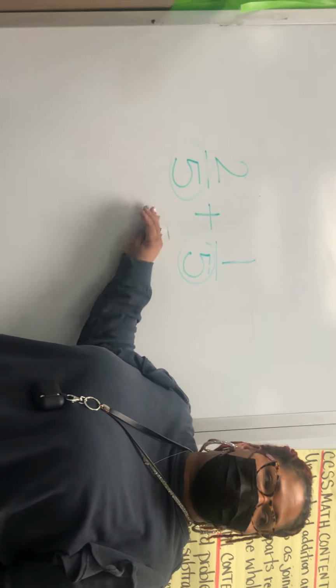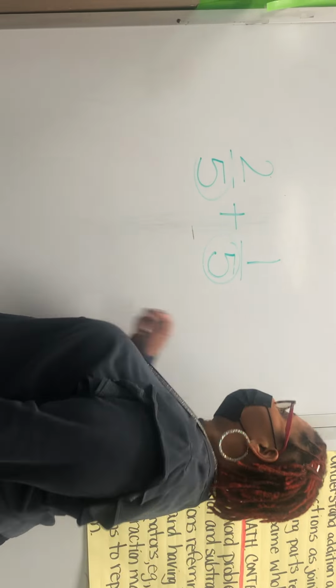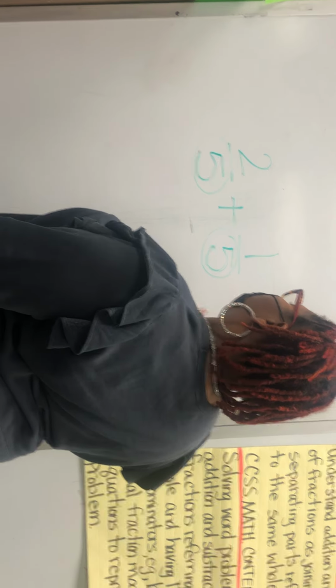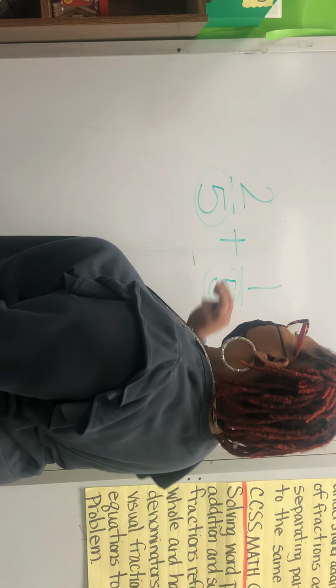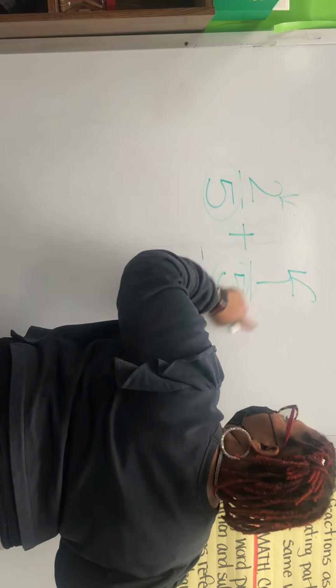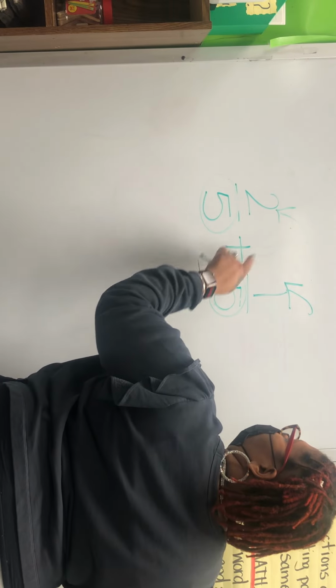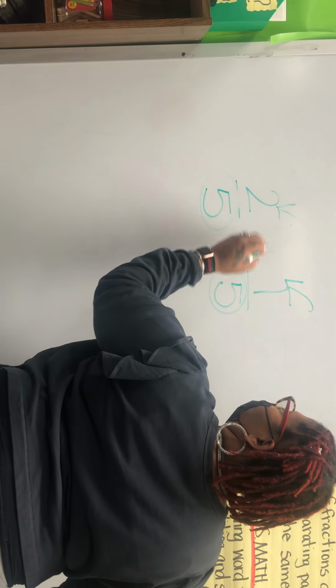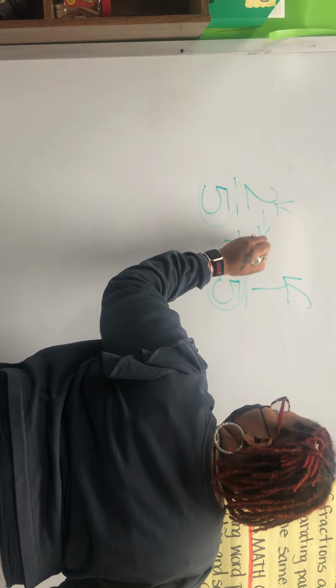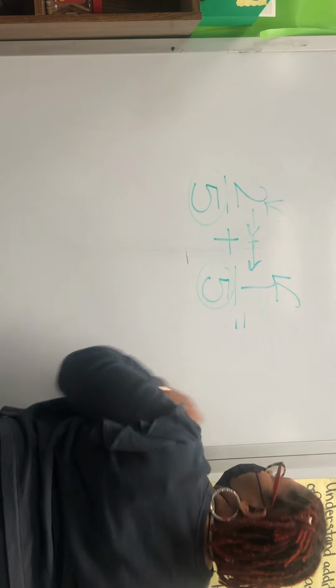That number always stays the same when we're dealing with like fractions. So the only thing you need to look at is the numerator, which is the number on top. Okay? So 2 plus 1, all you're doing is adding 2 plus 1, right? That's it. 2 plus 1, and that's gonna equal what?